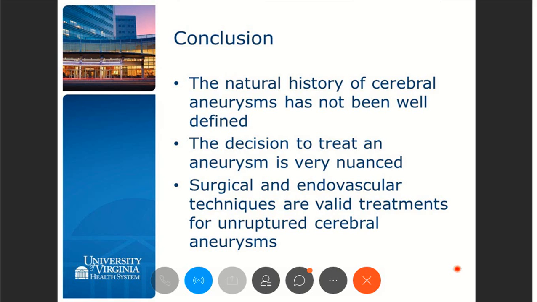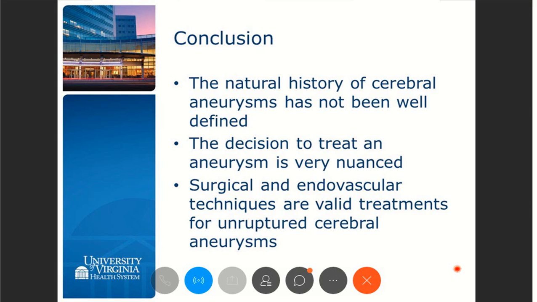I do non-invasive imaging. I generally prefer MRAs just to decrease any radiation exposure, even though the CTAs nowadays have very, very low doses. But as an endovascular specialist as well, I'm particularly attuned to radiation exposure.